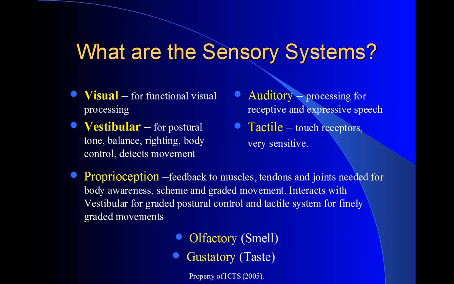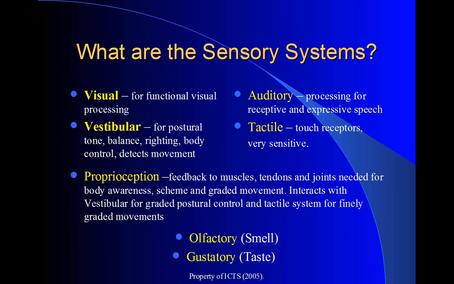We have dads that come in and say, well, why are you doing the evaluation like that? Why do you want them to throw the ball soft at the target? Well, if I'm giving you a verbal command, soft versus hard, if you have appropriate proprioceptive awareness, you should know how hard or soft to grade that movement to get the ball to the target. So there's a lot involved there with that proprioceptive system.